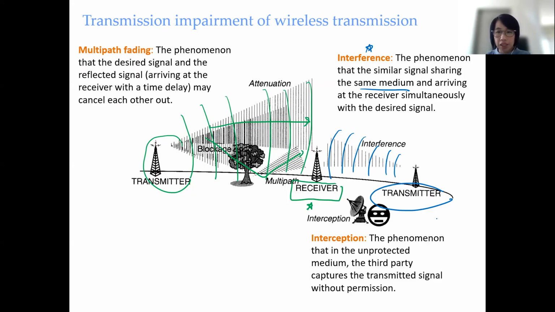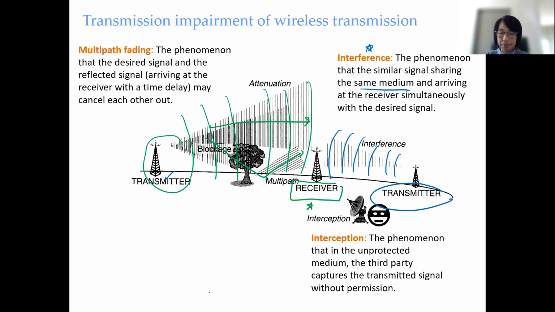But please note that these two are different in terms of the number of transmitters. For interference, the signals come from multiple sources, multiple transmitters. But for multi-path fading, multiple signals come from the same transmitter.